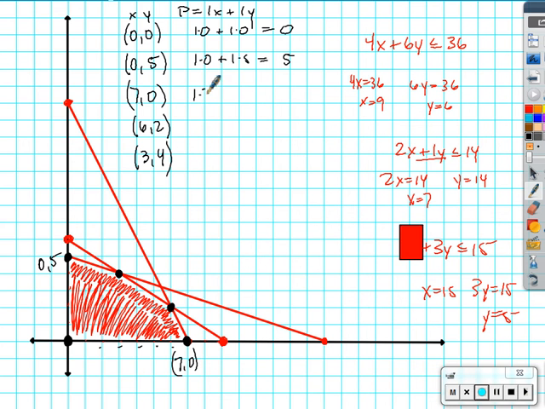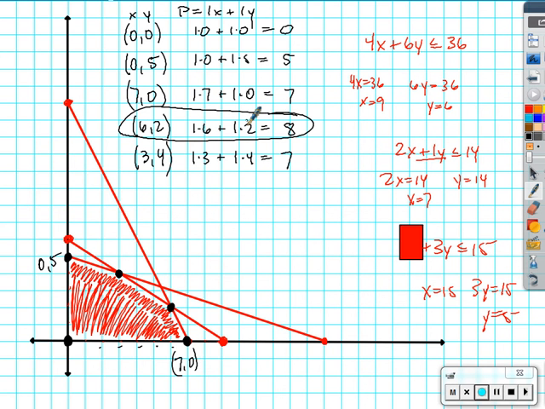This one, 1 times 7 plus 1 times 0 gives me $7. 1 times 6 plus 1 times 2 gives me $8. And finally, 1 times 3 plus 1 times 4 gives me $7. So to maximize my profit, I should construct 6 cars and 2 trucks.